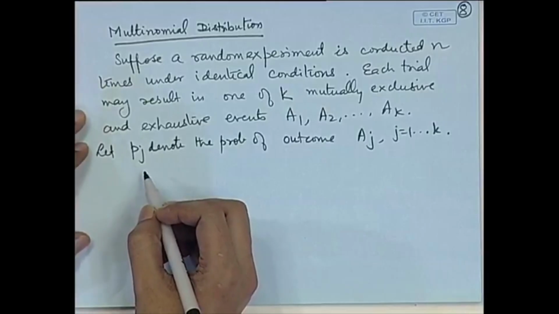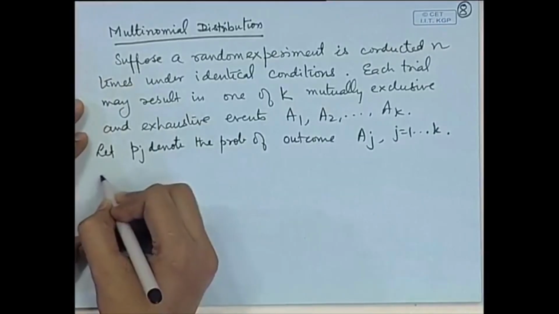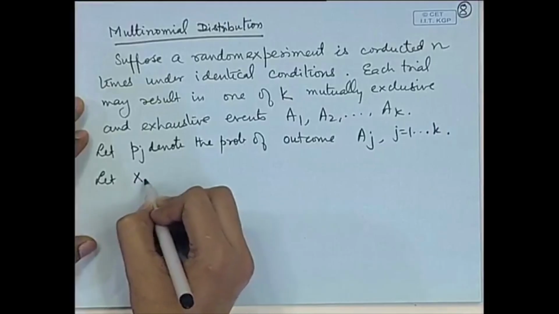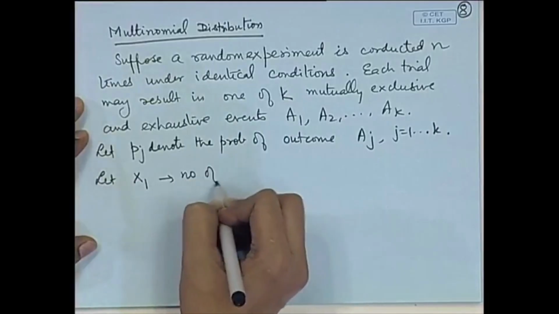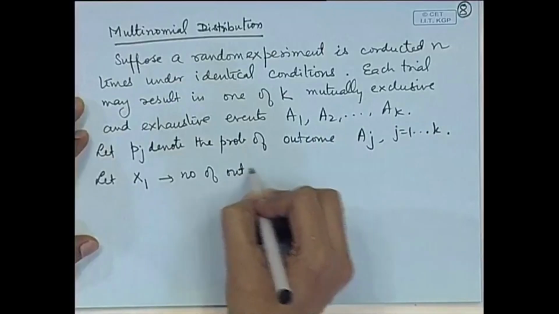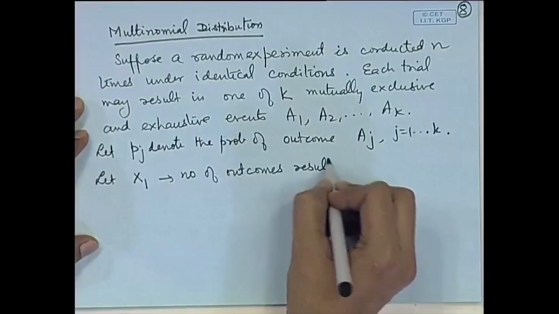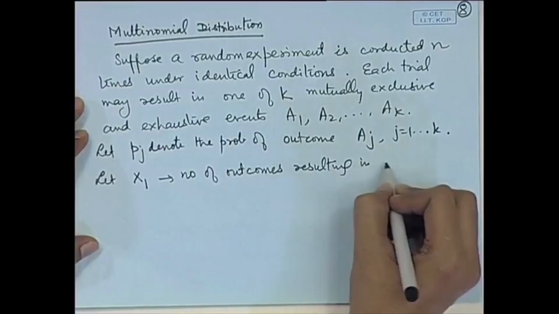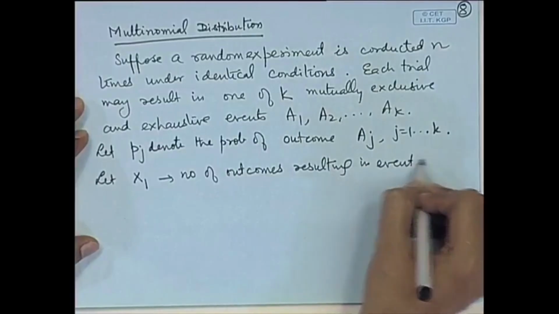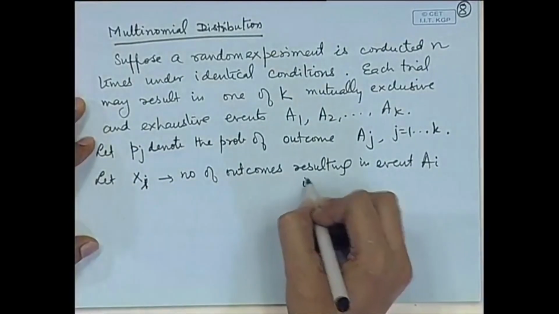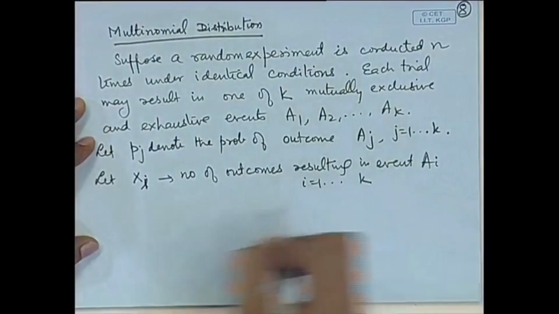So, let us consider x i as the number of outcomes resulting in event A i, for i equal to 1 to k.